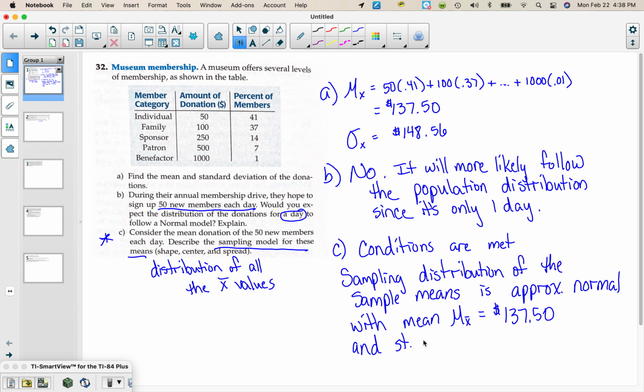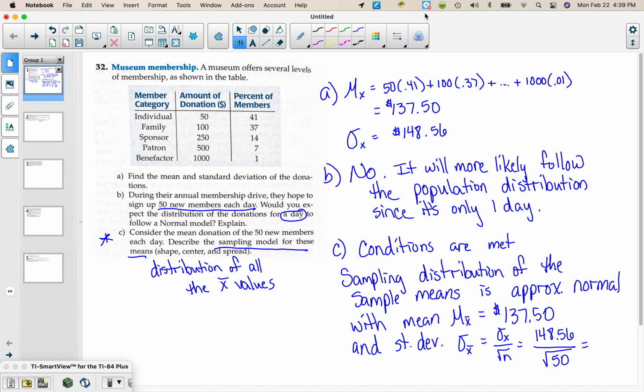And standard deviation. So our standard deviation for our x bars is going to be sigma x divided by the square root of n. So in this case, it's $148.56 divided by the square root of 50 because 50 is our sample size.